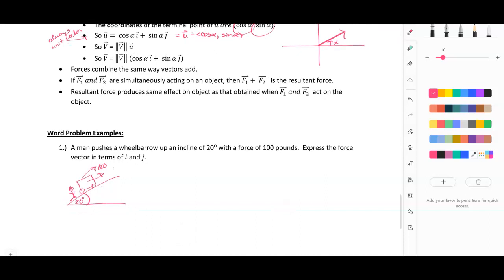So we could think about that vector acting along that incline in terms of cosine of 20 degrees and sine of 20 degrees. We apply the force that's being acted on, that's 100 pounds, and that pound has to do with weight of gravity and all that fun stuff from physics. That's the magnitude.